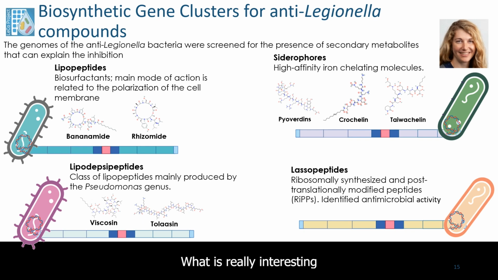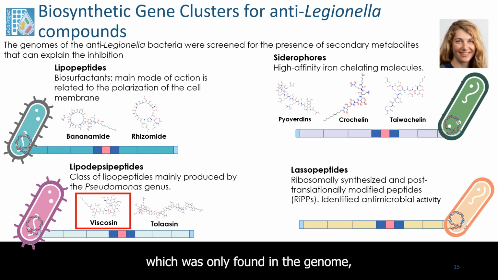What is really interesting here is the presence of viscosin, which was only found in the genome of those three strains with the broadest antagonistic ability towards all the Legionella species tested in this study.